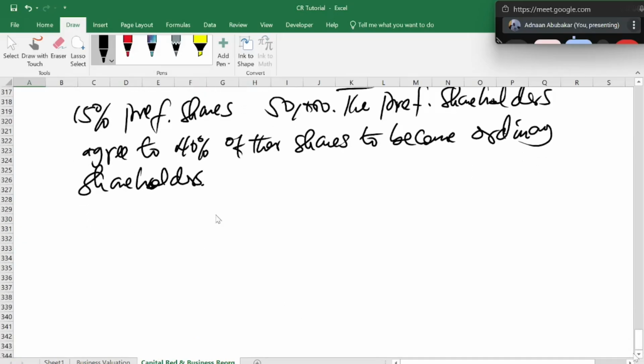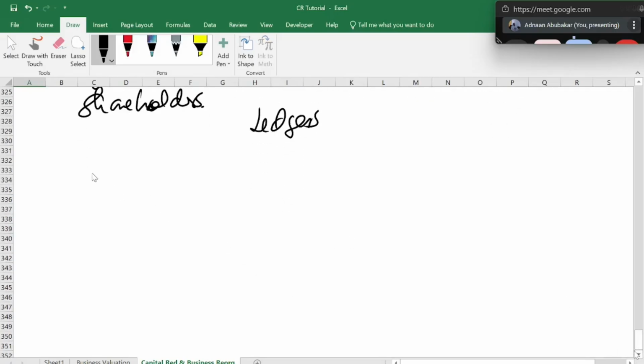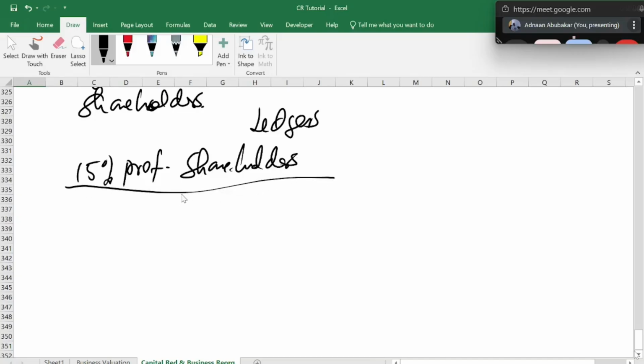First, you open ledgers. The ledger that you open is the 15% preference shareholders. You have your credit and your debit.